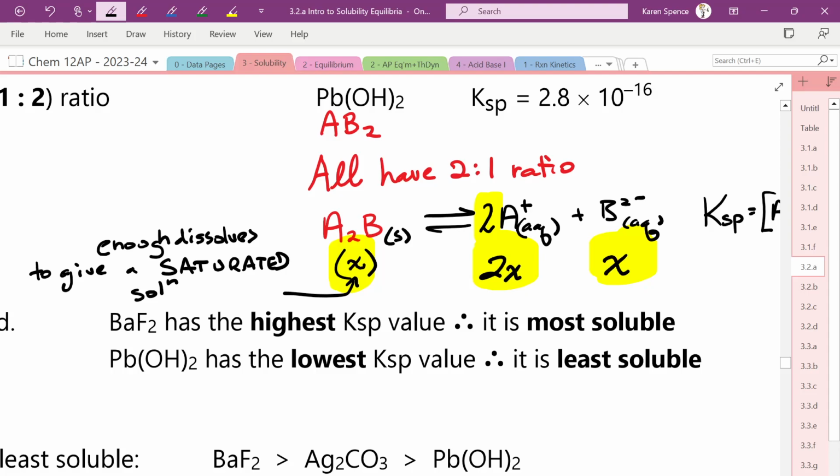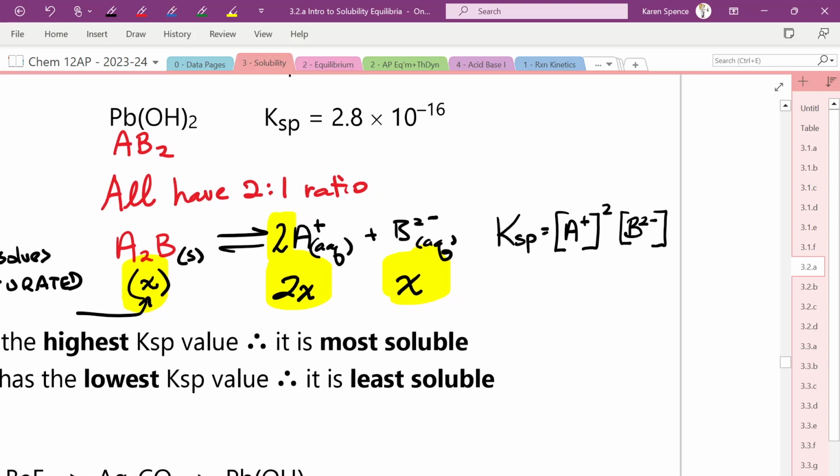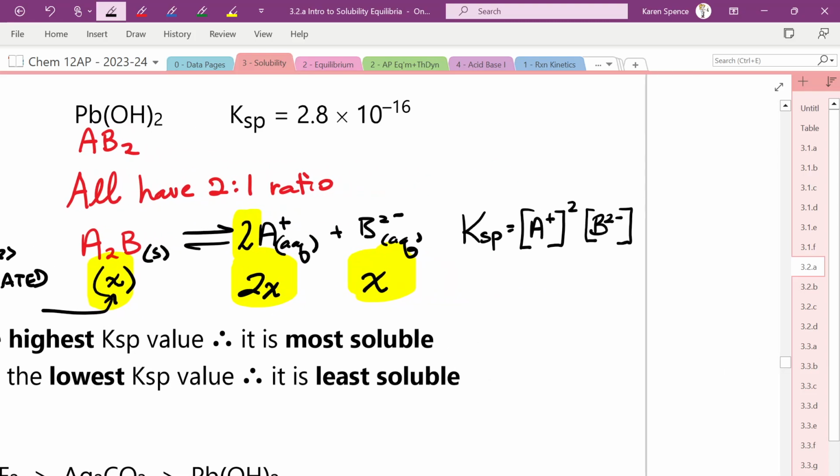B will be X. So if we look at this and we plug those numbers in, then we have KSP is equal to 2X all squared times X. So far, so good? And then if we simplify that statement, we now have KSP is equal to 2 squared is 4, and X squared times X is X cubed.